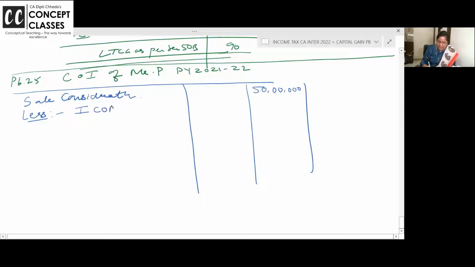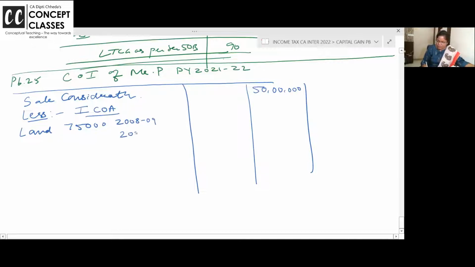Less indexed cost of acquisition. So I want all of you to read the problem. He has sold land and building both for 50 lakhs. So first you have to take the cost of the land. And the cost of the land is how much? 75,000 in 2008-09.